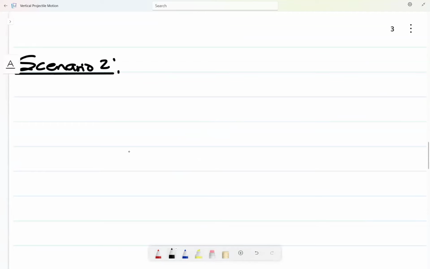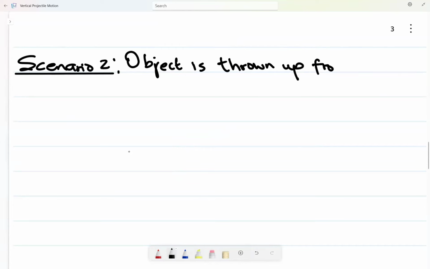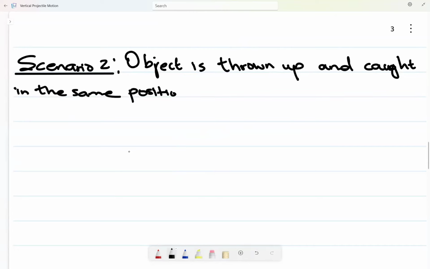But in scenario 2, instead of saying that, we want to say the object is thrown upwards and caught in the same position that it was thrown from.